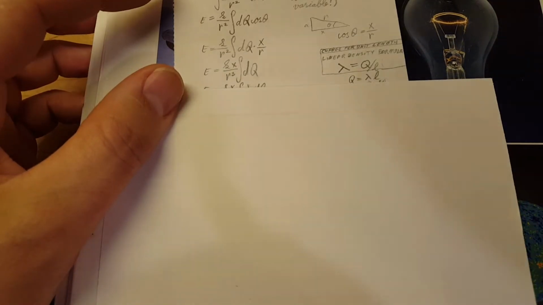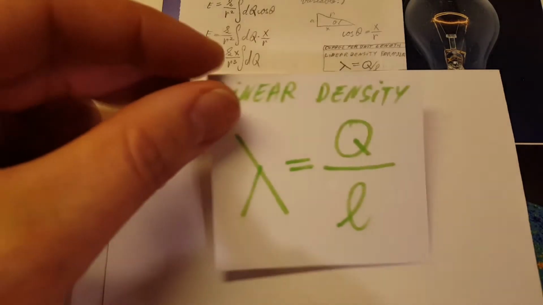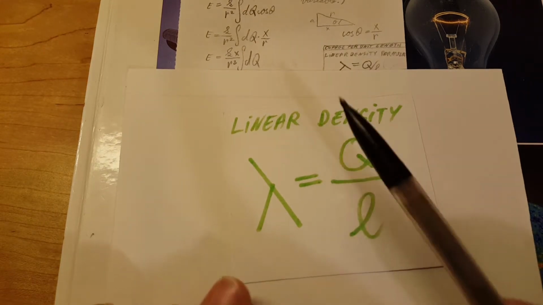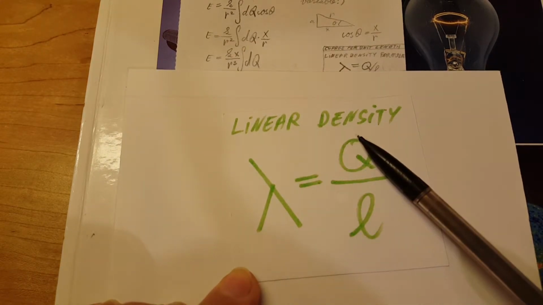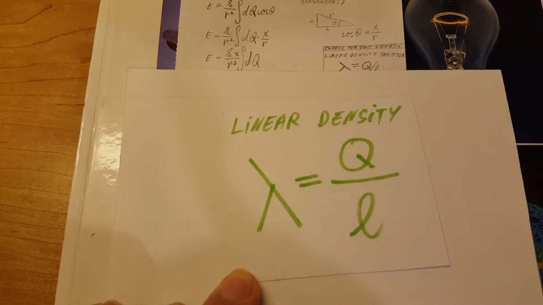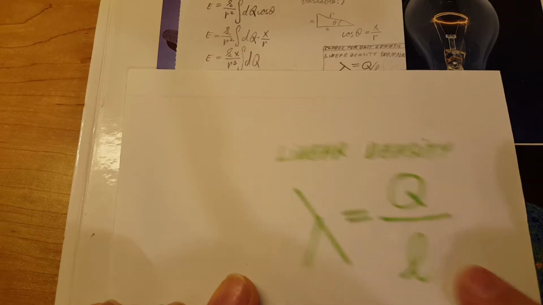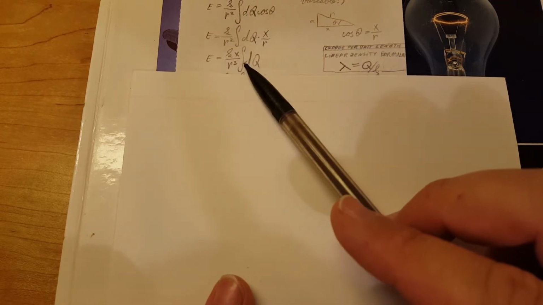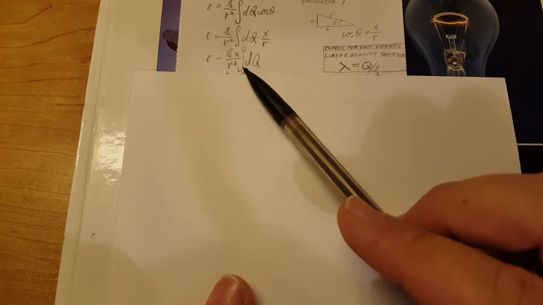Now we're gonna start using the linear density formula, which is lambda equals q over L, also the charge per unit length. We're gonna take this one and turn it into a dq.